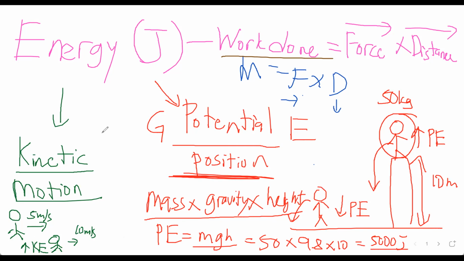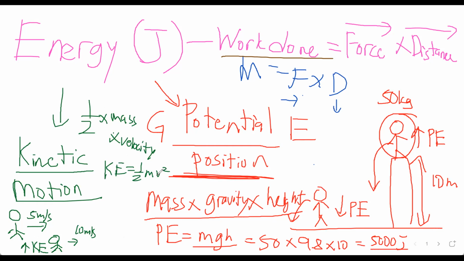And the formula for kinetic energy is given as half times mass times your velocity squared. In other words, the formula is half mv squared here, guys.